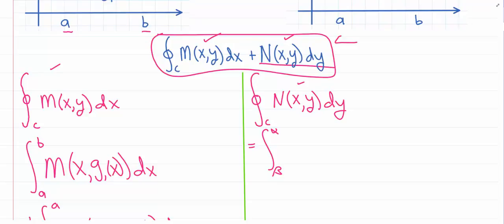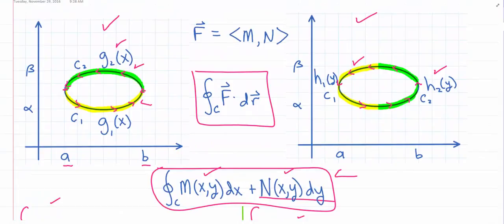And that's going to be n, but in place of x, I'm going to put h1 of y, and then I'll just leave y the way it is. So that's the first part, right? I went from beta to alpha because I'm starting right here and going all the way over to here. So beta to alpha.